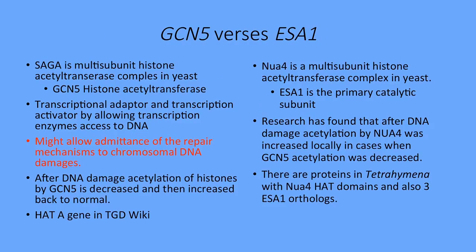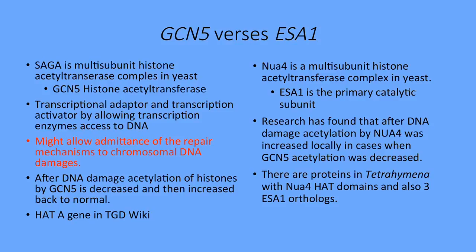So just a little background on these two acetyltransferases. GCN5 is found in SAGA, where you see ESA1 in yeast is in NuA4, and both of these are histone acetyltransferases but have different functions.